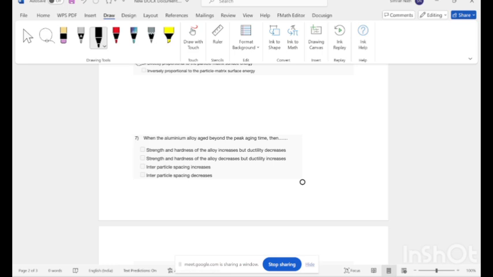At peak aging, will hardness and strength be low or high?